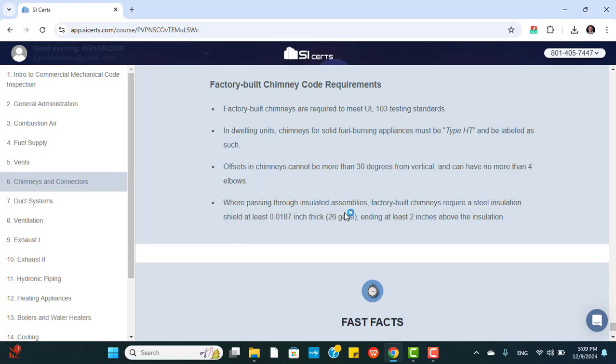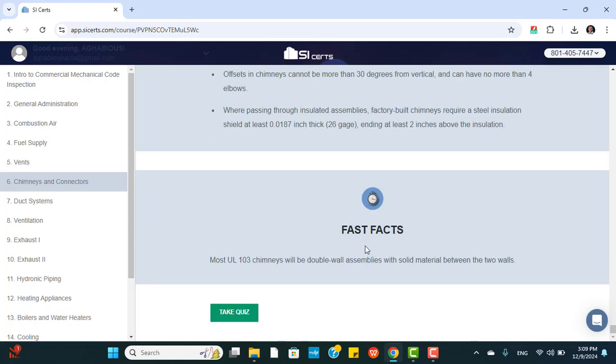Where passing through insulated assemblies, factory-built chimneys require a steel insulation shield at least 0.0187 inch thick, 26 gauge, ending at least 2 inches above the insulation. Fast facts: most UL 103 chimneys will be double wall assemblies with solid material between the two walls.